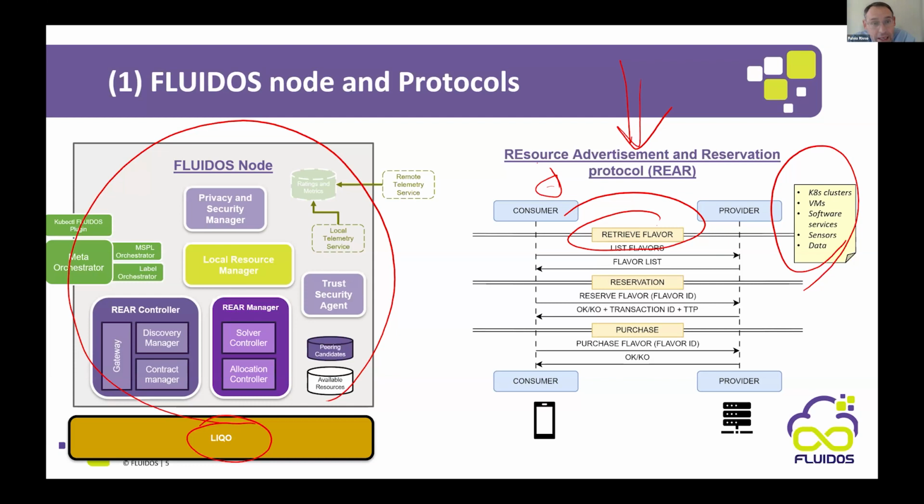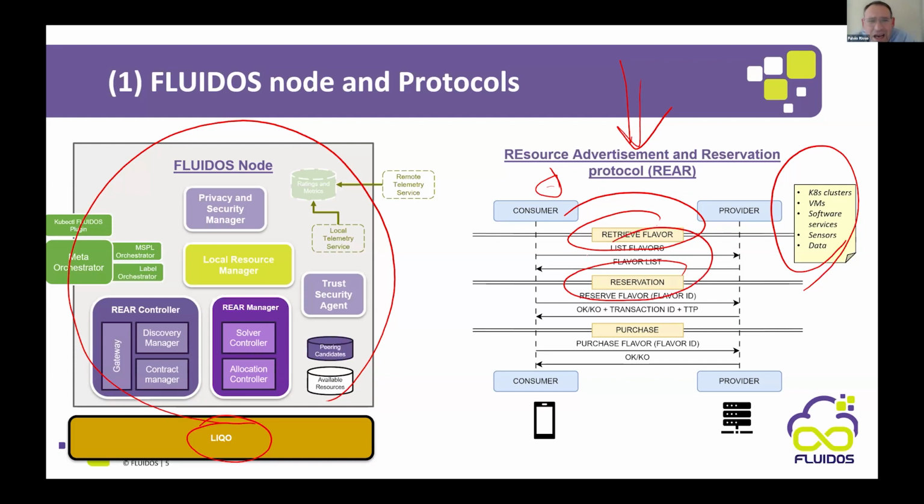And if it likes what I'm exporting, because, you know, the consumer may ask, like when you go to the market and you want to buy tomatoes, you don't want to buy tomatoes just from one person. Maybe you go around, there are several people offering tomatoes, so you compare prices, you compare quality, and that's the same thing here. So the consumer can compare different offers, and at the end can place a reservation.